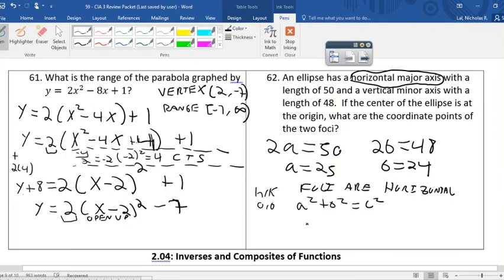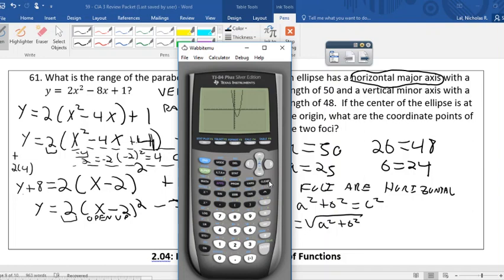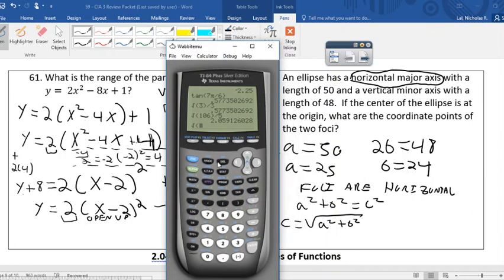So that means that c is going to be equal to the square root of a squared plus b squared, which means c is going to be the square root of 25 squared plus 24 squared.